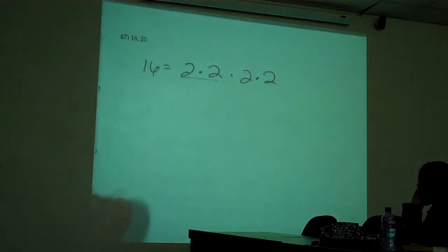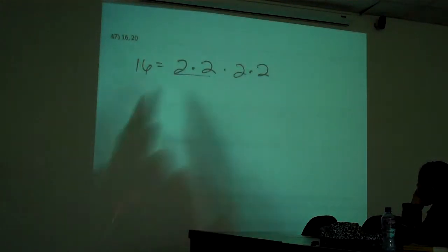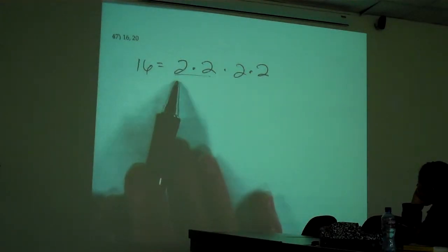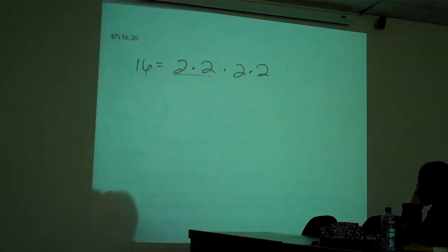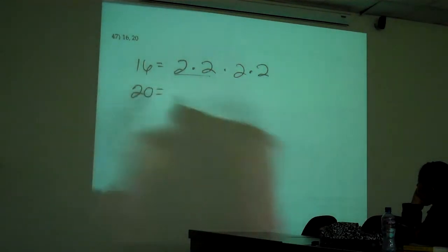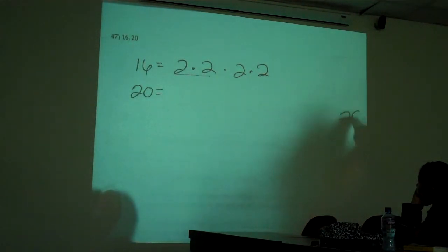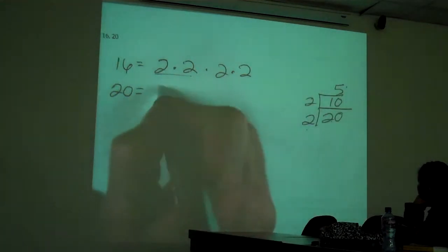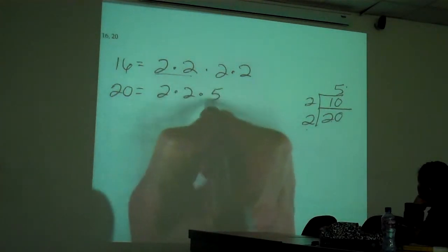So, I'm sorry, 16 and 20. 16 is 2 times 2 is 4, 2 times 2 is 4. So that's your prime factorization, 16. Your 20, let's do it on the side. 20 divided by 2 is 10. 10 divided by 2 is 5. So it's 2, 2, 5. 2 times 2 times 5.